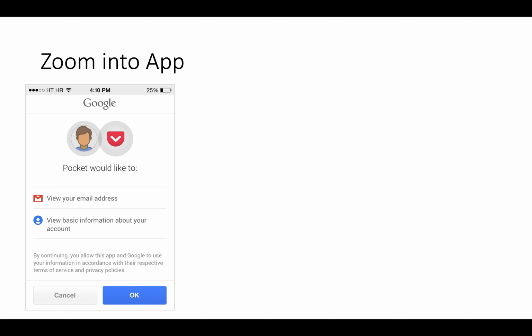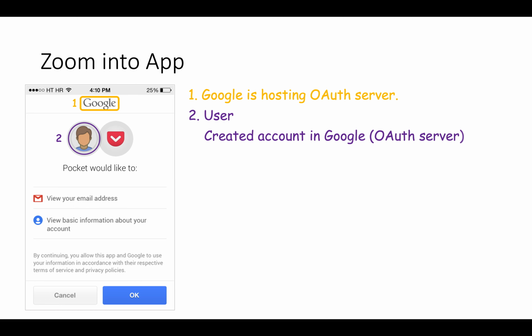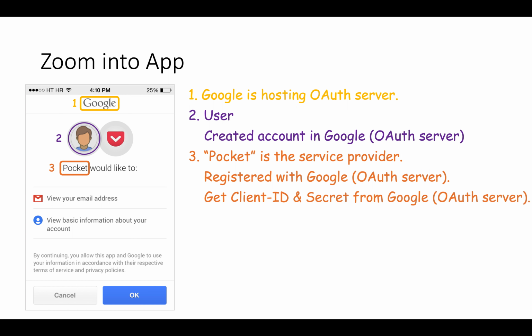This screen you might be familiar with. Let's understand this screen. Here Google is hosting the OAuth server. This is a user who has created an account in Google. This is a service provider called Pocket linked with Google's OAuth service.